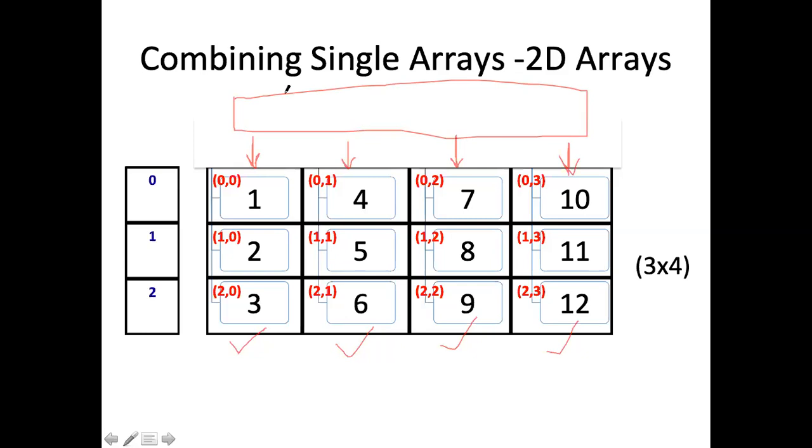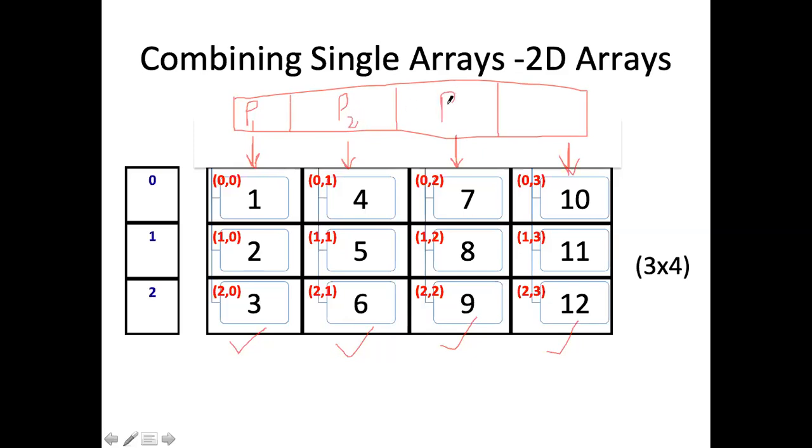Okay, so you will have first pointer, then you can have the second pointer, then you can have the third pointer. So here, let's say P1 is a pointer that points to the first column array. P2 is the pointer that points to the second column array.